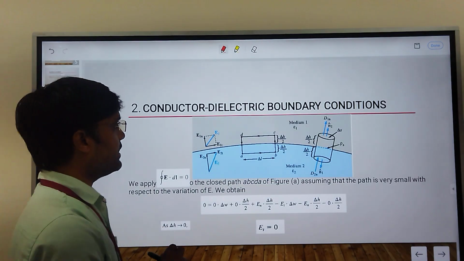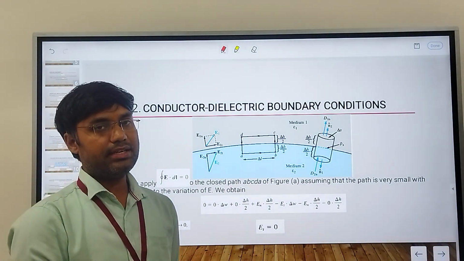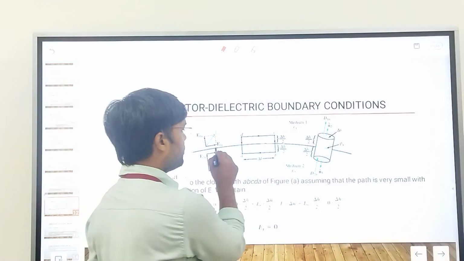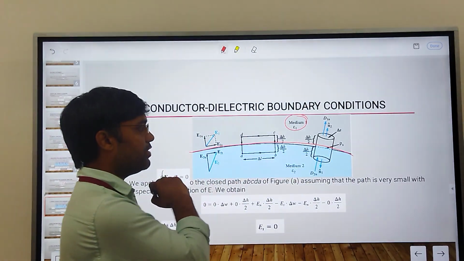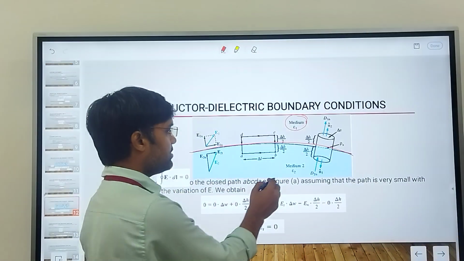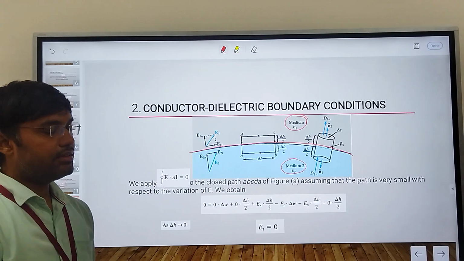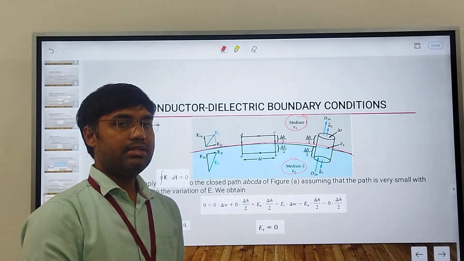Next, the second case is if there is a conductor on one side and a dielectric medium on the other side. So this is the boundary we have considered, where one side is medium 1, that is epsilon 1, and the second has been taken as medium 2, epsilon 2. We can consider a conductor at one place and a dielectric medium on the second side.